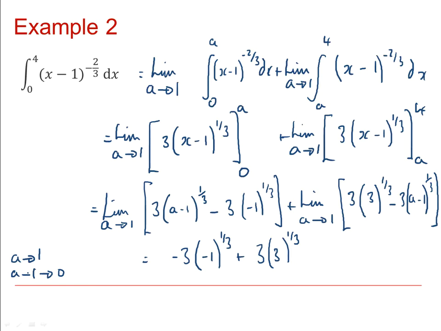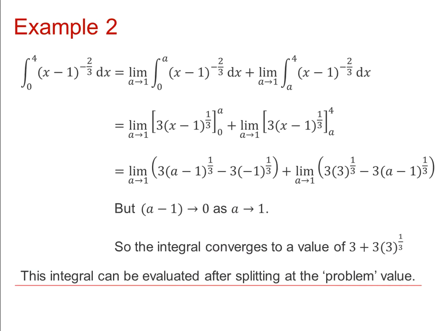The cube root of negative 1 is negative 1, so this then becomes equal to 3 plus 3 times 3 to the power 1/3. So in this case we've got it converging to a value, even though we had a problem in where we had to split the integral into two parts. So the graph might well be going off to infinity, but the area is something that we can evaluate because it converges to a value.